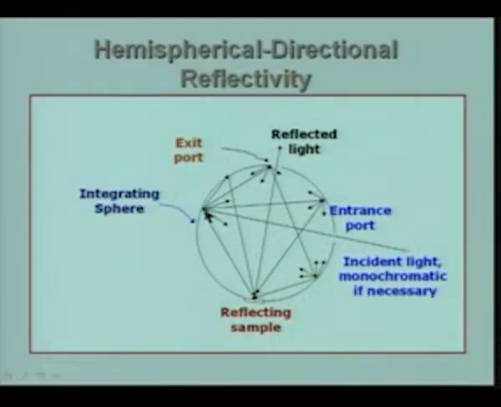So, an integrating sphere is essentially a spherical chamber, and you have an arrangement by which you can allow light to enter it through a small port or entrance port as shown here, and then when it falls on the inside surface, it gets reflected in all directions. So, basically this is the principle of the integrating sphere. Now, what can happen inside? When it falls on this surface, it is reflected in all directions, and the reflected light may fall on any other part of the sphere after reflection, because it is going in all directions.